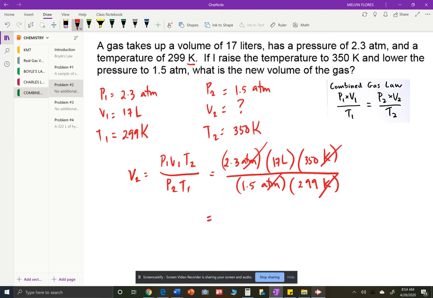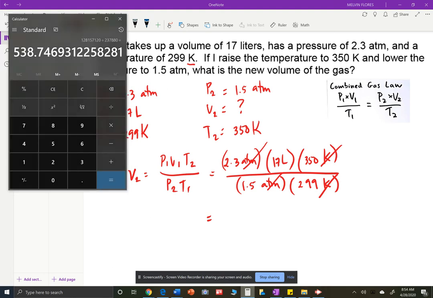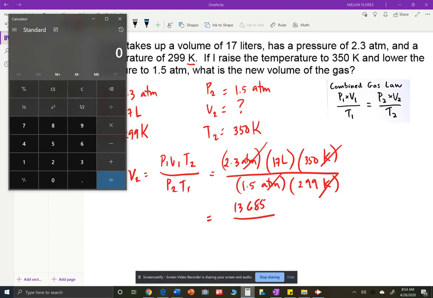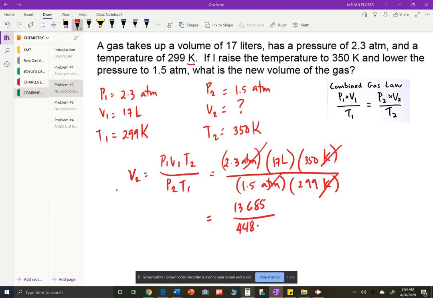Okay, and then we have the V2. So we're going to multiply. Let's use our calculator here. So 2.3 times 17 times 350, so we get 13,685. Then divided by 1.5 times 299, you will get 448.5.